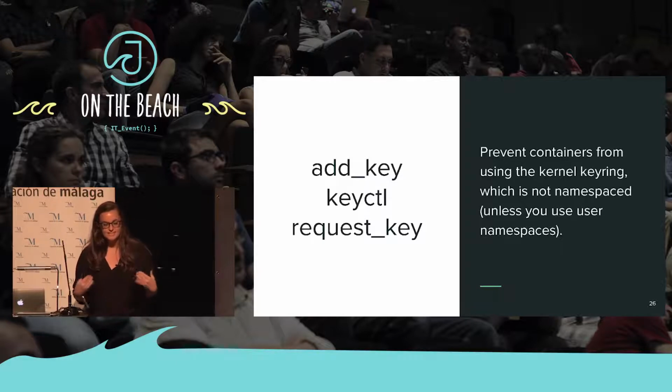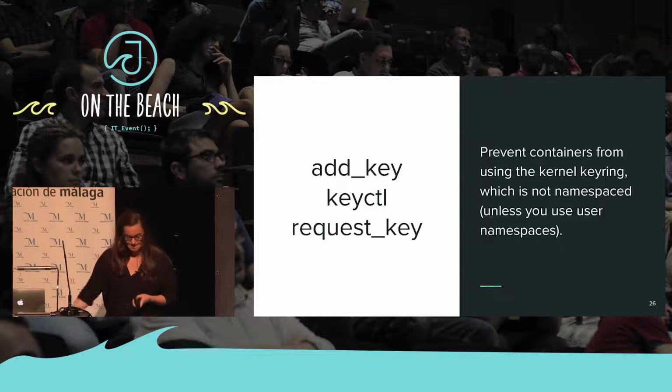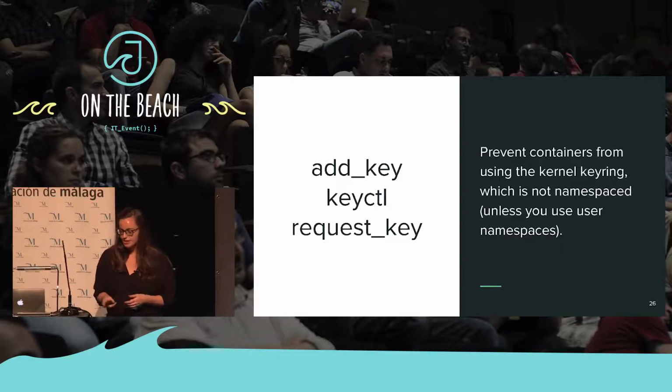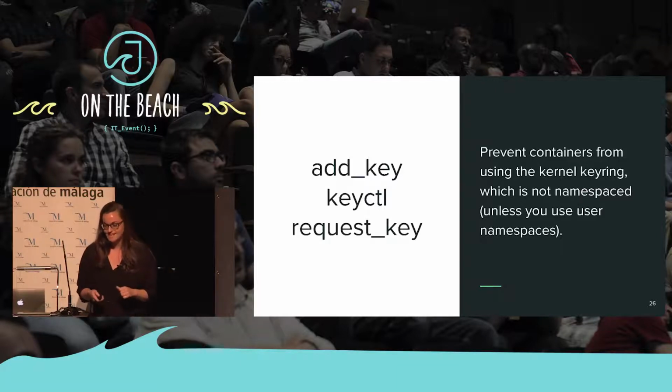A lot of people think that it's namespaced, and it's this pseudo namespacing where it's half namespaced and half not, but honestly, if it's half not, it's really not namespaced. There are things in proc that you can see that you probably shouldn't be able to, and if you run keyctl inside a container without a user namespace, you're going to get some really weird output if you have things in your kernel keyring. I also recently wrote a blog post on this because some random person was building an entire startup around it, and it horrified me.